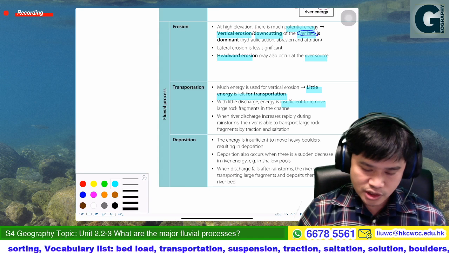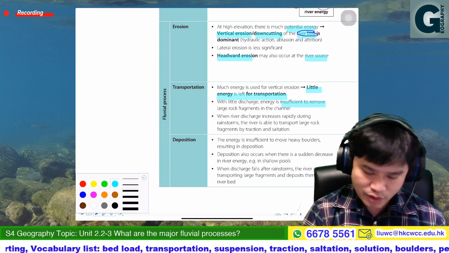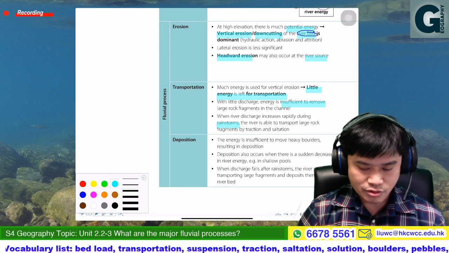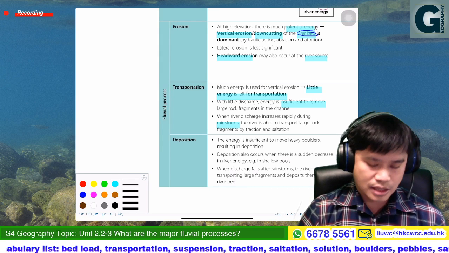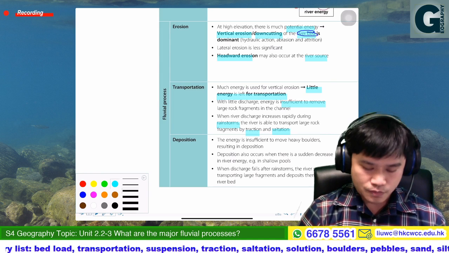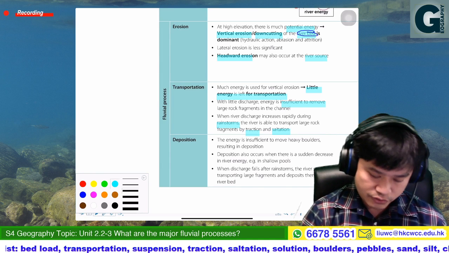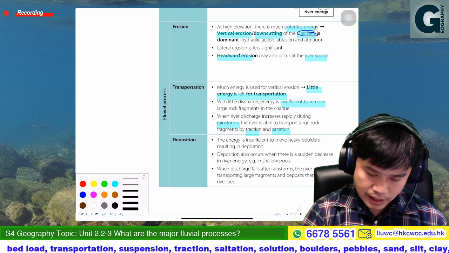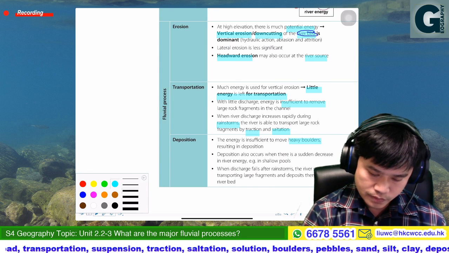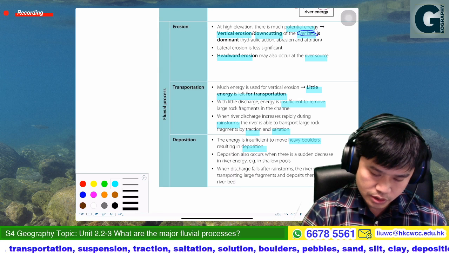When the river discharge increases rapidly during a rainstorm, the river is able to transport large rock, but that is just when there's a rainstorm. Therefore, as the energy is insufficient to move heavy boulders, it results in deposition.